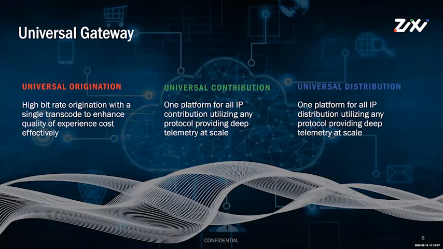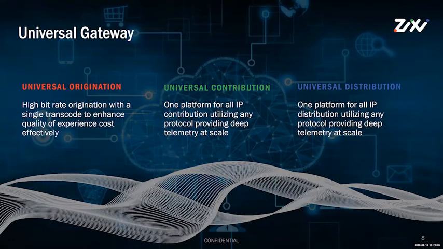Universal contribution. This is the idea of one platform for all IP contribution. So imagine if you were an OTT provider, or a service processing facility, and you have 1,000 channels, or you might have 5,000 or 6,000 channels, and they're all coming in, and you want to have a universal platform to have that content.